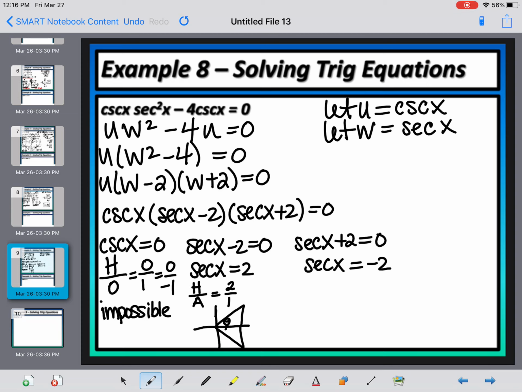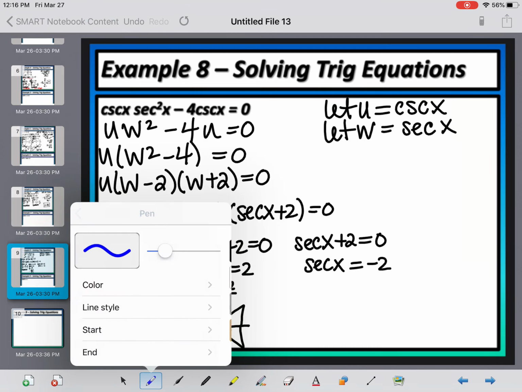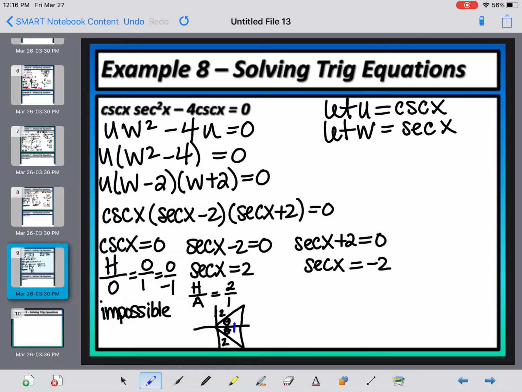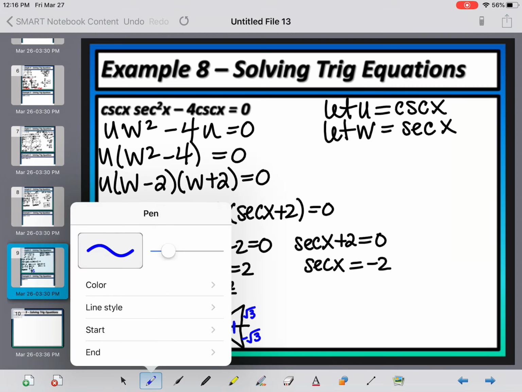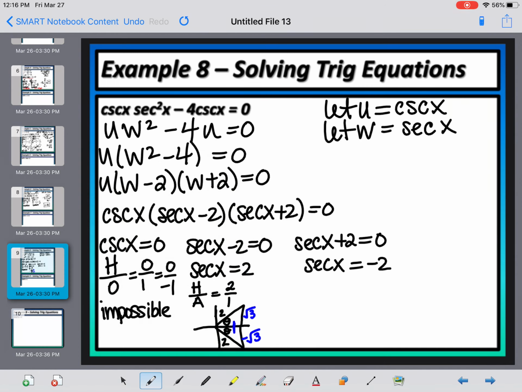Anywhere that cosine is. 1 and 4. So a hypotenuse of 2. Sorry, this is a little squished. And let me change the color here. Adjacent of 1. Okay, that makes this missing side a root 3 and a negative root 3.